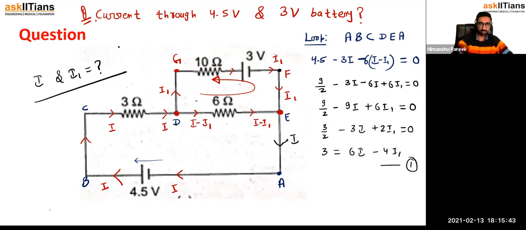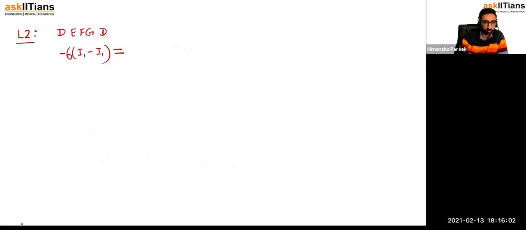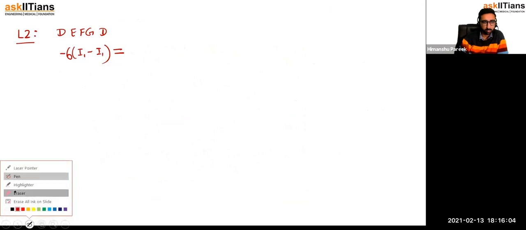F to next point, G. For a battery's potential difference, you don't need to look at the current direction. Current direction you have to see only for resistance. So you are walking from the lower of the battery, from F to the higher of the battery. So we will just write plus 3 only.